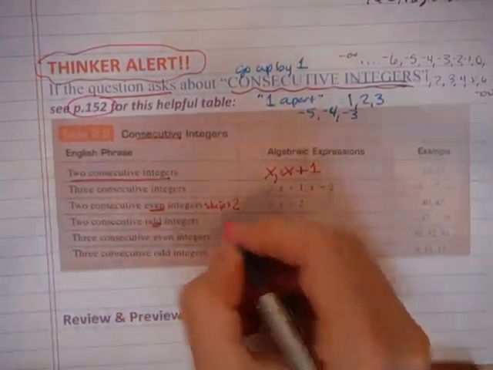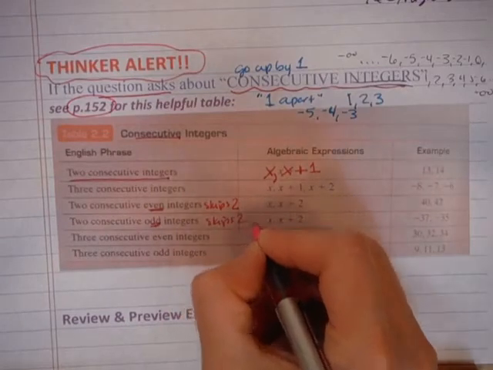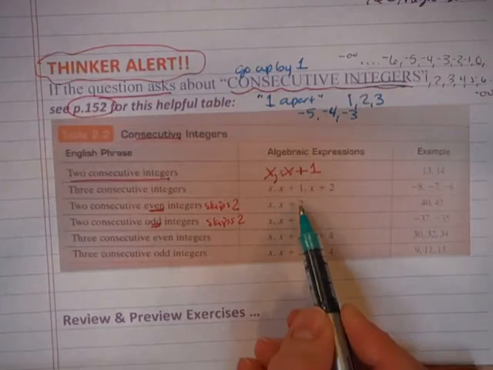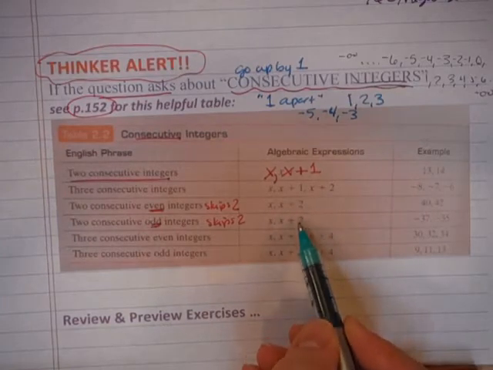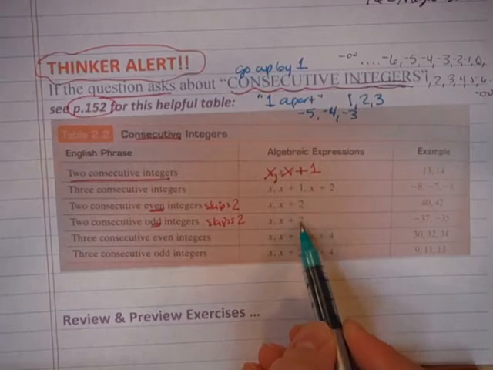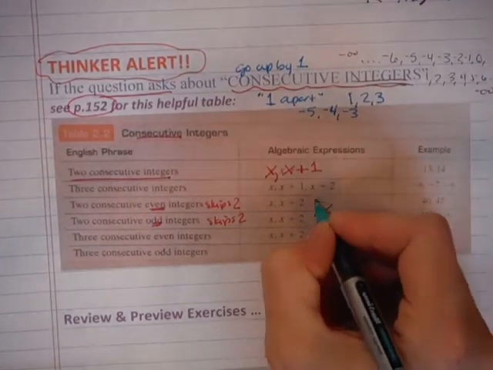Now I have a little bit of an issue with this. It's not critical here at our stage for Math 60, but how could we absolutely guarantee that we're getting evens versus odds if we have the exact same translation?